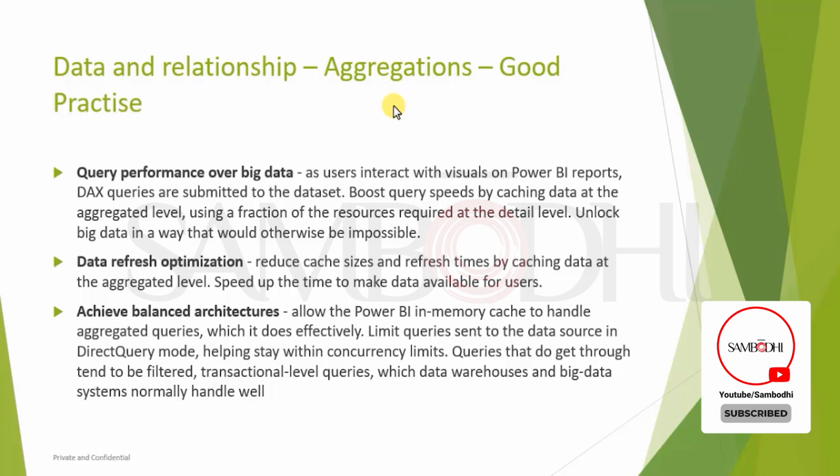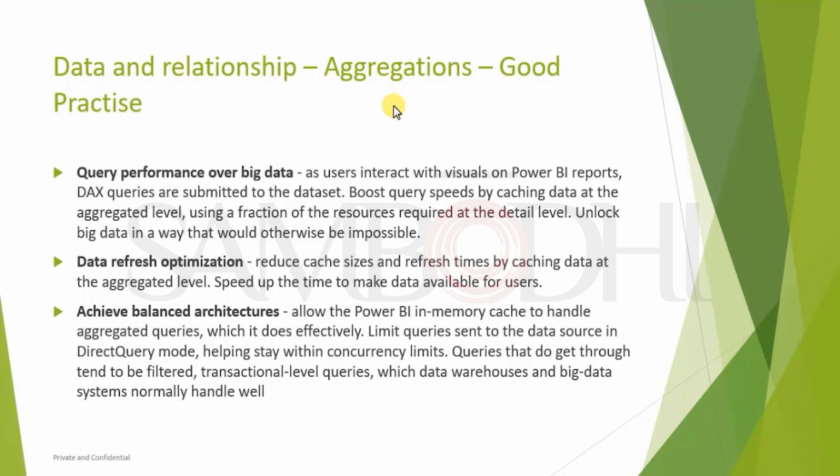There are certain concurrency limits which do not permit too many direct queries to be executed at once, in the interest of denial of service protection and security. So please ensure you have that kind of balanced architecture. Queries that do not get through tend to be filtered. Transactional level queries, which require a data warehouse or big data system, are normally handled well.